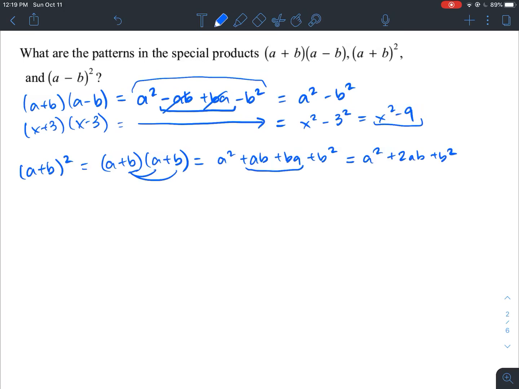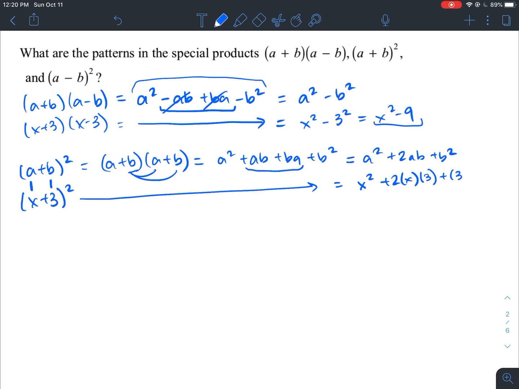So let's try another example. So if we take, for example, x plus 3, and that's being squared, well, let's skip right to this point and just plug in what we have. So a squared, a in this case is x, right? So x squared plus 2 times x. B in this case is 3 plus 3 squared.